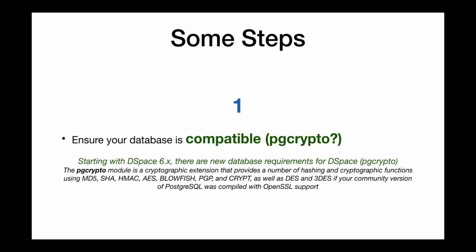From DSpace 5 to DSpace 6, they have pgcrypto, which is basically for security within the database. That has changed from the previous versions of DSpace, so you need to figure out how you're going to fix this, which is very easy. Again, I'll share more information on the last slide.